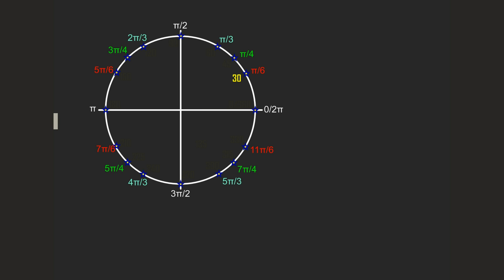Pi over 3, 60 degrees. Anywho, these are the ones that you want to become familiar with. That is a measure of a radian. That's 1 radian. And of course, that's not the only measure of radians. You can have all the measures in between those two.